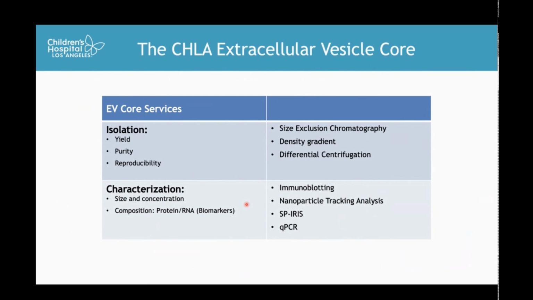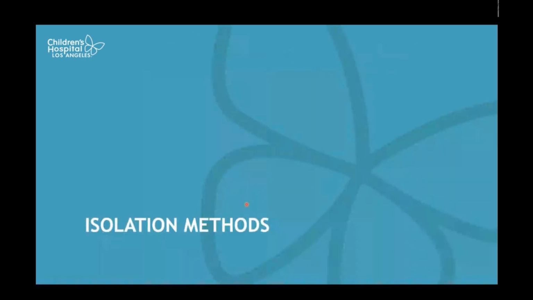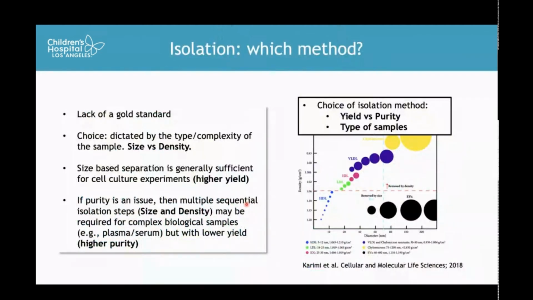I'm just going to go over a few of these methodologies, talking first about isolation methods. As I mentioned previously, there is no gold standard. There isn't a one-size-fits-all for isolation of EVs, and we need to choose the type of method we want to use based on the type of sample and the complexity of the sample that we're working with.